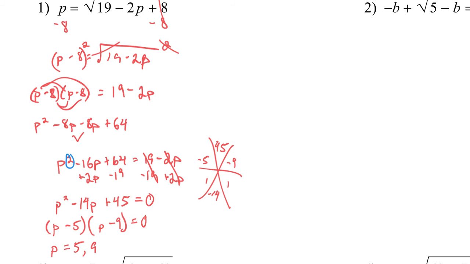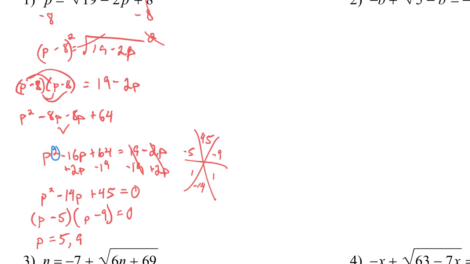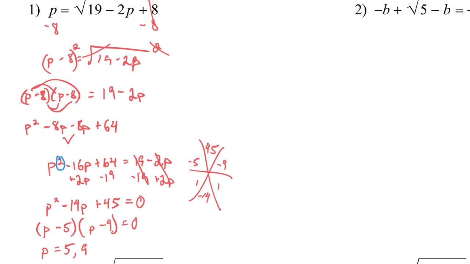Now with these, we have to check for extraneous solutions. See the instructions there? That means you could have an extra solution. And to do that, you want to plug the numbers that we get in and see if it works in the original equation. So I'm going to plug in 5.